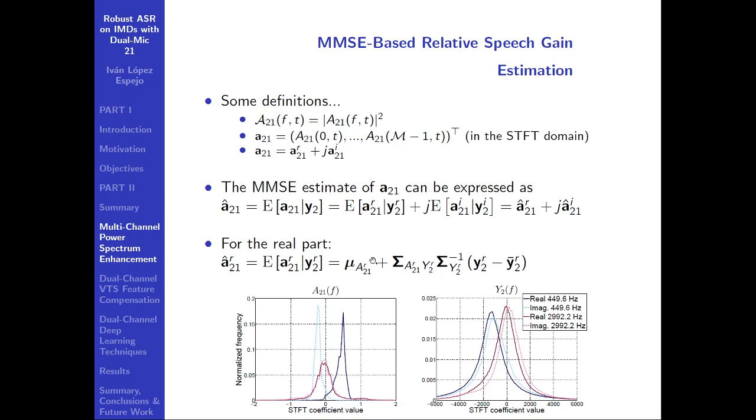As the prior statistics on the speech gain can be computed in advance for a particular mobile device, and the noise observation is known, we just require to estimate the cross-covariance matrix between the speech gain and the noisy observation, and the mean vector and the covariance matrix of noisy speech at the secondary channel.